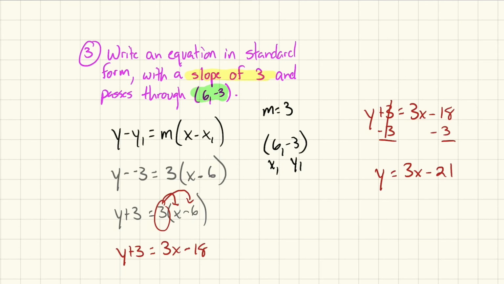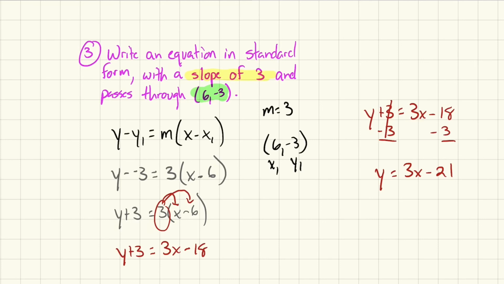So now that we're here, we end up with our slope-intercept form. Problem is, I need to get it into standard form. So we've been able to simplify the equation. Got to get it into standard form though. What do I know about standard form? Oh, x and y are on the same side.